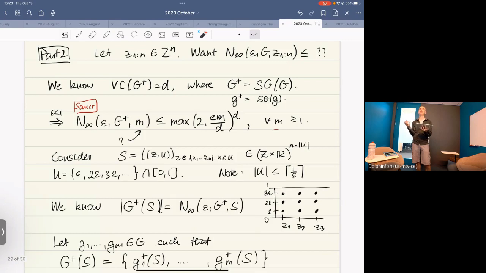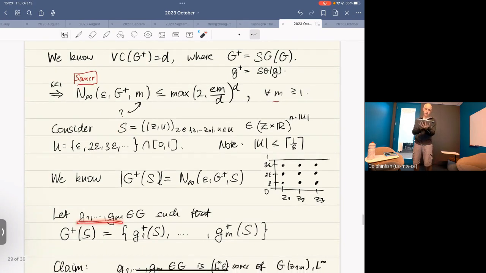For what points? The subgraphs have as their domain the product of Z and the 0, 1 interval. So I'm going to propose that the points we take are exactly the points on this grid, the set S. So we are considering the set S, and let's get a cover of G.